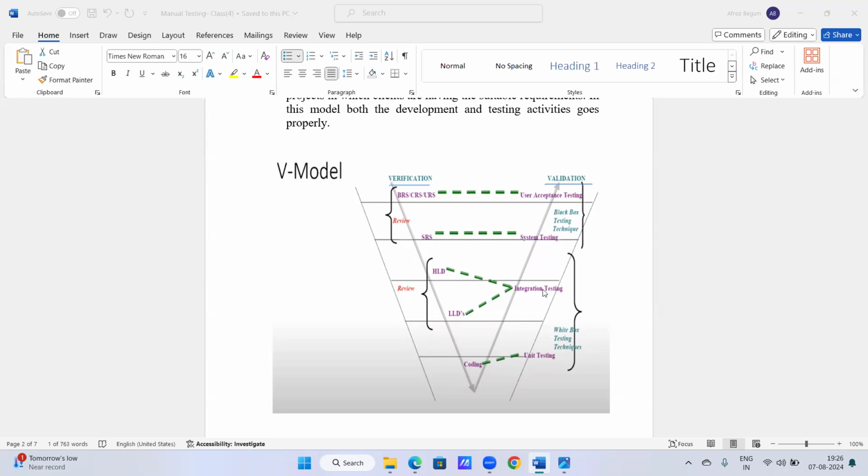See, in the first phase, we talk about the business unit, and the business unit prepares the BRS document, right? So the business unit conducts some reviews on these documents. So in this particular stage, what testing is going to be conducted and who will conduct it? In the first phase, I said BRS documents can be reviewed.